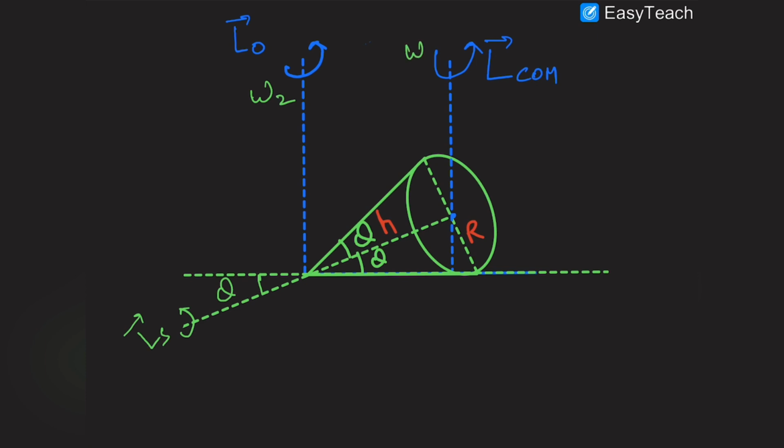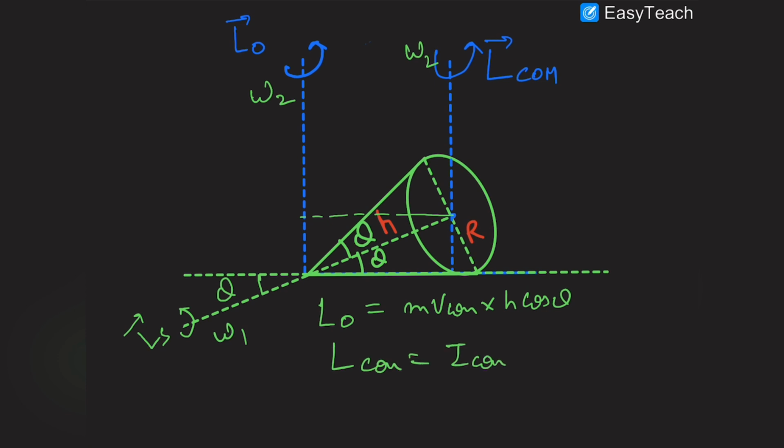So L orbital, L_O, will be equal to M V_COM into H cos theta, which is M V R. Now L_COM will be equal to I_COM about this axis into omega 2, and L spin will be equal to I_COM2 about this axis into omega 1.